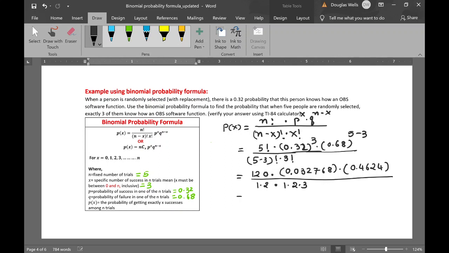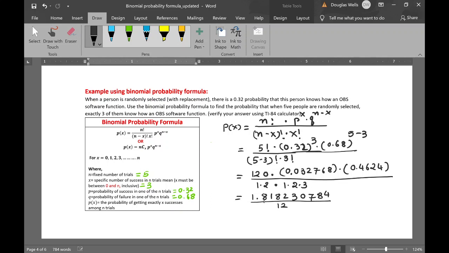Simplify all the numbers on the top. Multiply it. That means basically you multiply 120 times 0.032768 times 0.4624, which is 1.81823784. That's the multiplication for the numerator, and the denominator is 3 times 2 times 1 times 2 times 1, which is 12.